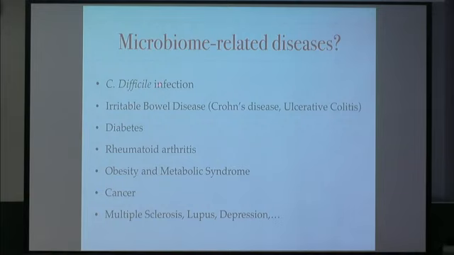This bacterium causes a chronic infection in patients, and it's very difficult to treat with antibiotics, because when you give antibiotics to a person, that kills a lot of the commensal bacteria in the gut as well. And then when the antibiotic effect wears out, it's very easy for this pathogen to recolonize the gut.